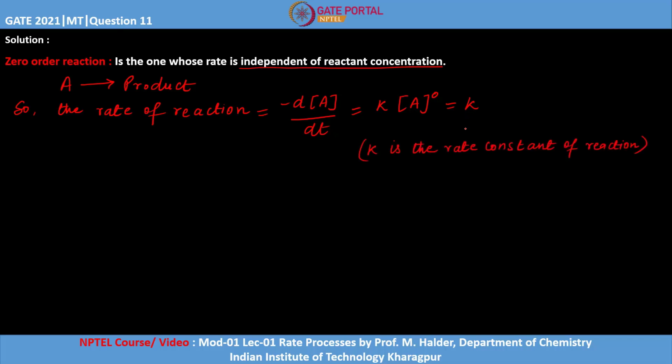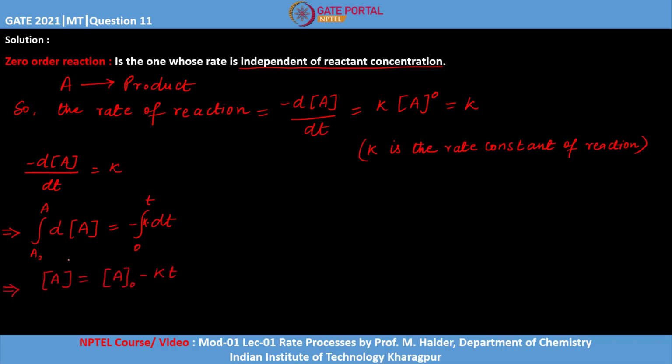Now the K which is shown here is a rate constant of the reaction. So if you further try to simplify it, you can write minus dA upon dt is equal to K. Now upon rearranging it, you can write dA on the left side and K dt on the right side, and then you can integrate both sides from concentration of A, which is varying from A0 to A, and the time which is varying from 0 to t.